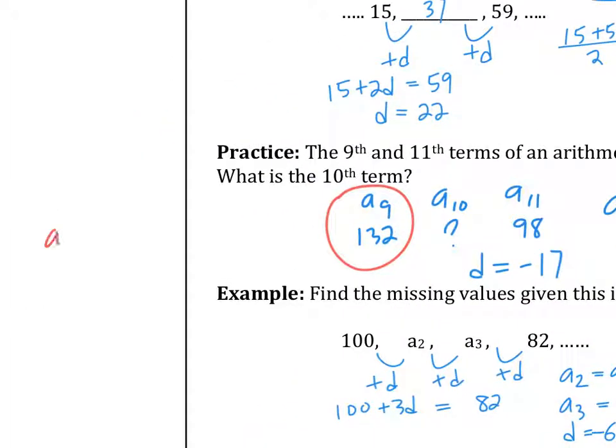What is the formula for the 9th number? Look at your formula. What's the explicit formula? A1 plus D times n minus 1. Okay, so now, all right, leave it for Wednesday.